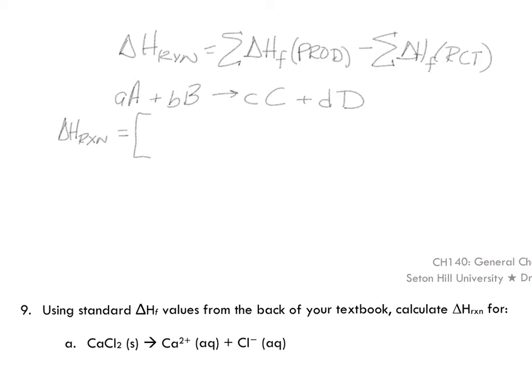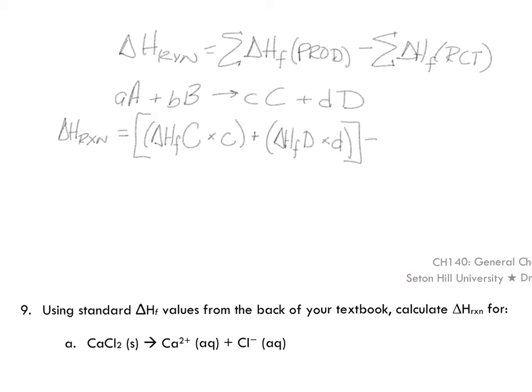So the sum of the products would be the delta H of formation of C times how many there were, which is the lowercase c, plus the delta H of formation of D times however many D's there are. That would be the sum of the enthalpies of the products.